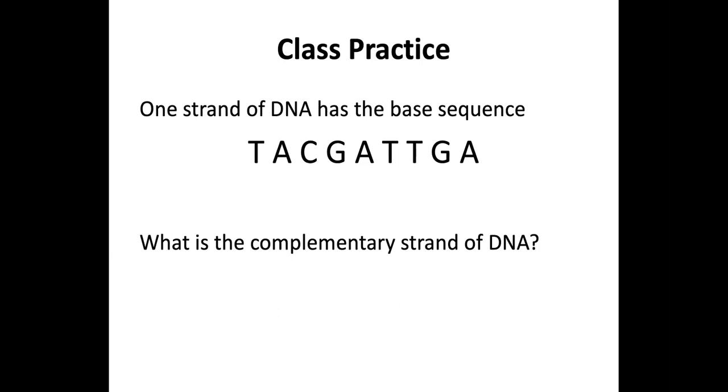That's it. So if you are given this, you need to be able to give the complementary strand. Apples in the tree, cars in the garage. T A A T. C G G C. That's it. Okay?